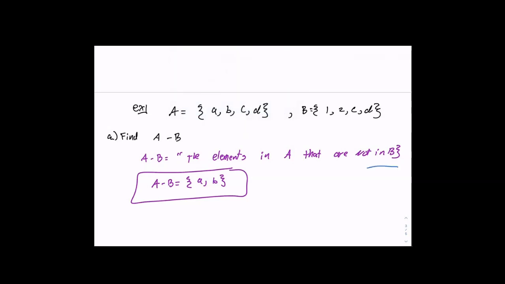Another way of writing A minus B is this: X such that X is an element of A, but X is not an element of A intersect B. For those of you who like set builder notation, it is in A, but it doesn't include what's in both. It's in A and not in both.